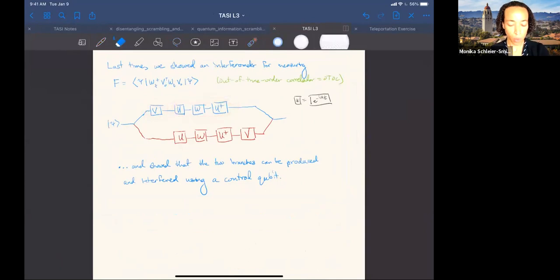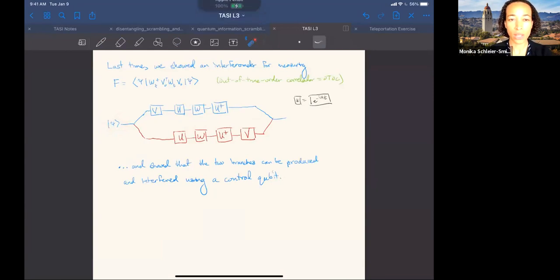And we gave an example where you have a control qubit that dictates, do you apply V and then the time-evolved W, or do I first evolve in time, apply W, and then go back and try to apply V? So one way of doing this is if you have some qubit controlled operation. But another way of doing this in principle is if rather than just having a single copy of this quantum state psi, you have two copies of the quantum state. So this actually gives another way of doing this type of interferometric measurement.